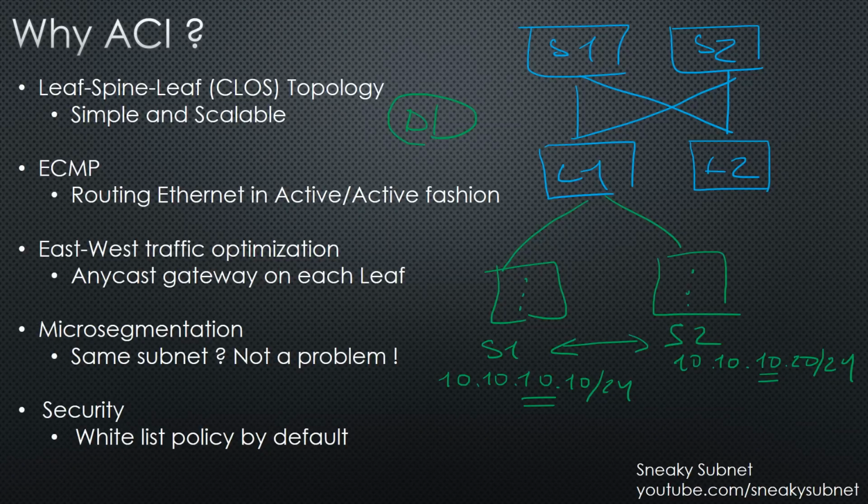But in ACI, it's much easier. In ACI, you have micro-segmentation capabilities. So basically, you can attach an ACL between hosts on the same subnet. In ACI, it is called a contract, and we will talk about it later.